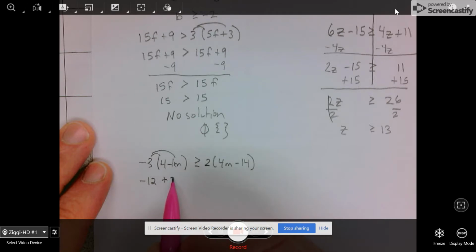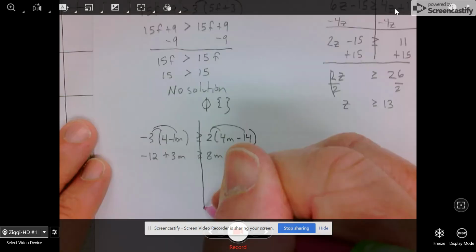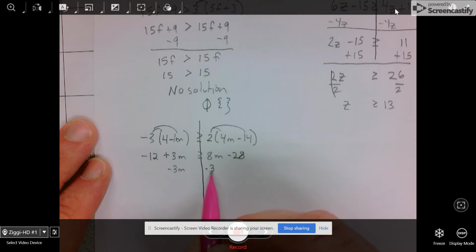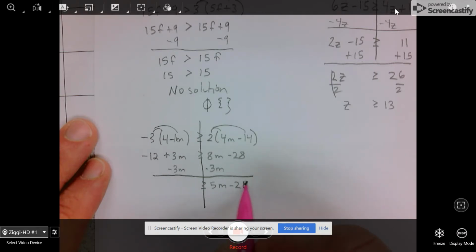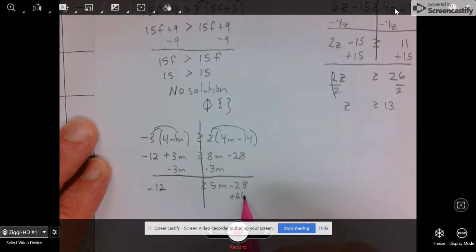Draw your line. I'm going to bring the m's over here to try to keep them positive, and then add 28. So I have 5m and 16.